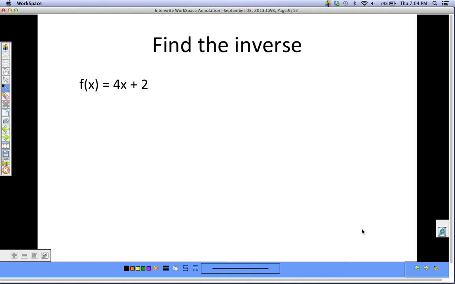All right, probably should have done this one first. It's a little bit easier. First step we need to do, make this into y equals 4x plus 2. Switch our x and y. And now solve for y.